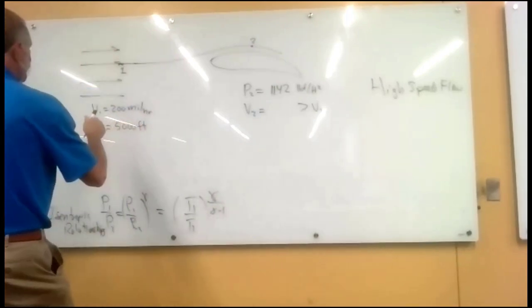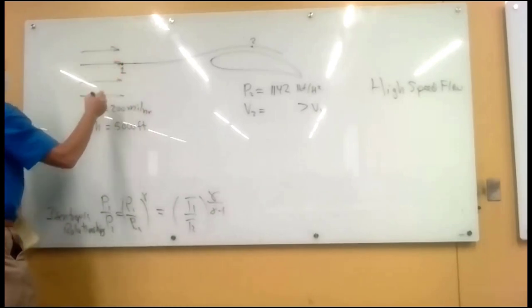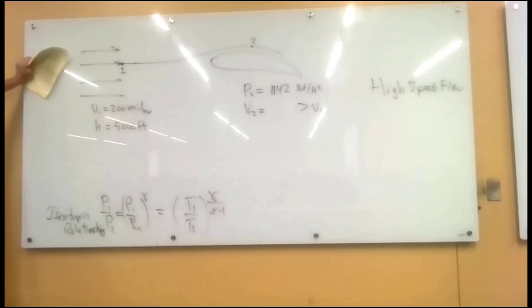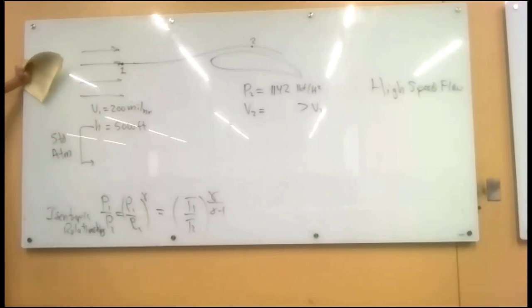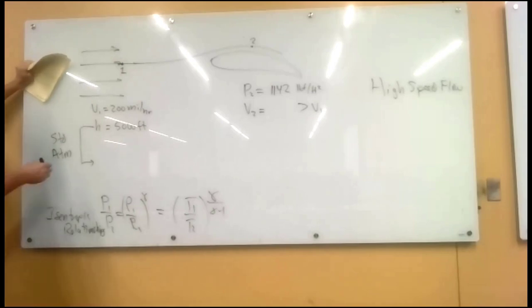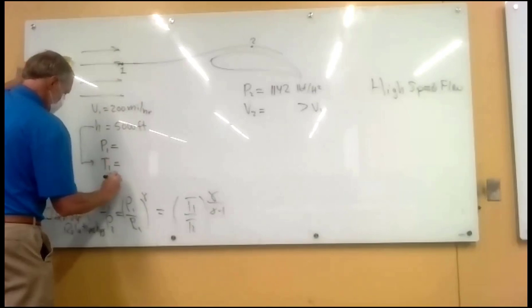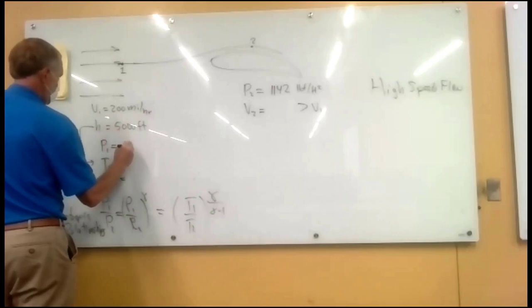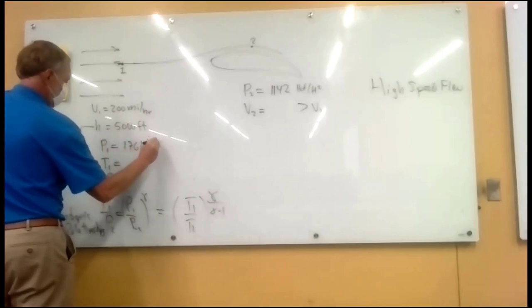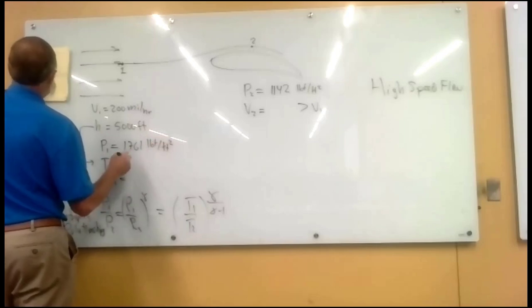All right, so here's our picture. What do we know at position 1? We know the velocity, but they've given us the altitude, so we can assume standard atmosphere. Otherwise, how do we solve the problem? We don't know pressure, density, or temperature. So we'll say standard atmosphere. So standard atmosphere at 5,000 feet is 1761 is the pressure.